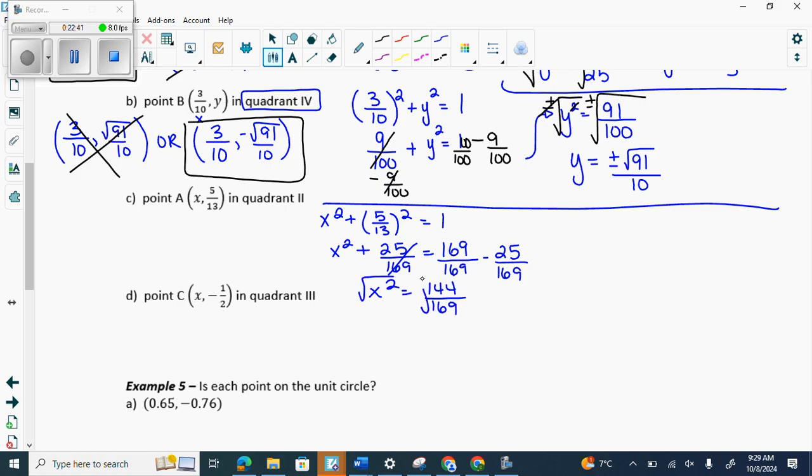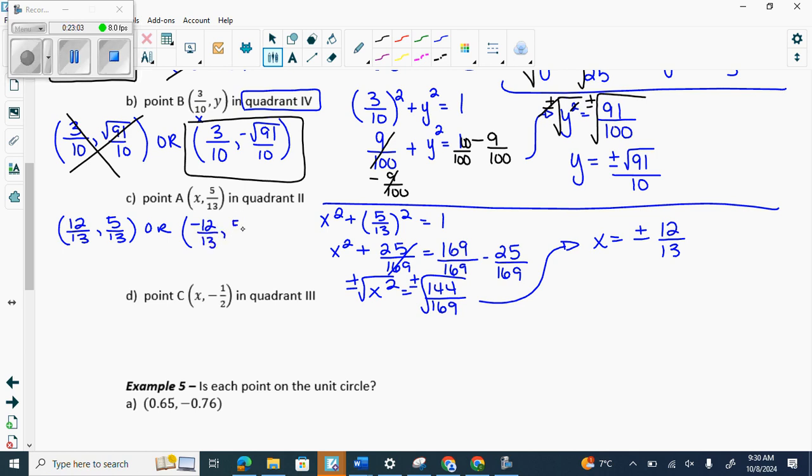Square root it, get plus or minus. So x equals plus or minus 12/13. So we would have (12/13, 5/13) or (negative 12/13, 5/13). Which one's in quadrant 2?